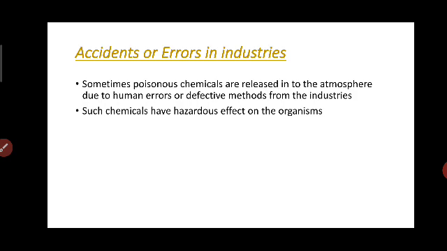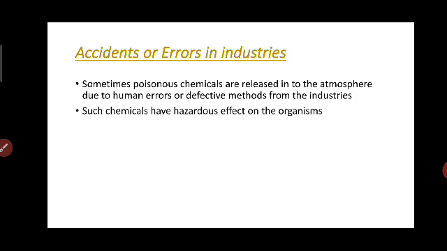We know that MIC gas was released by human error. Methyl isocyanate gas was released. By that gas, 10,000, 20,000 people died, and so many lakhs of people were affected, mentally and physically disabled by that disaster.